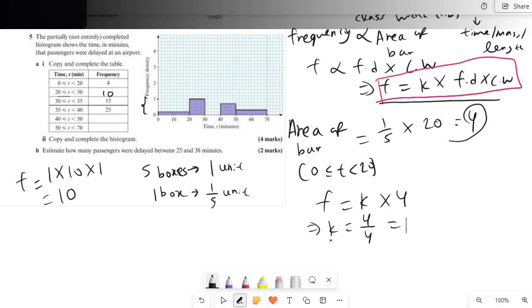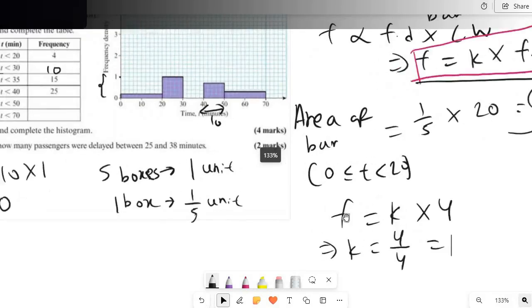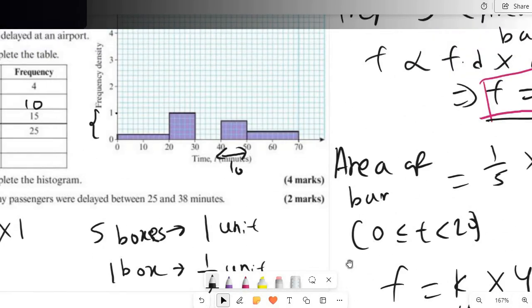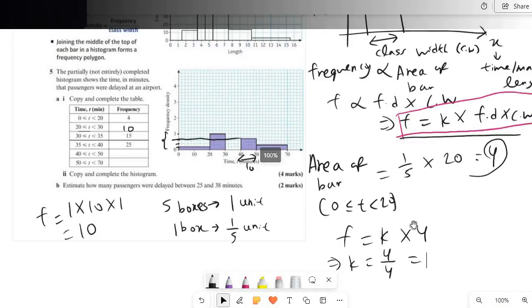Now for the rest, here we have 10 again, and here you can actually see that this is not at a solid point, meaning that it's actually at the half of this point. So here we have 1, 2, 3 divisions, and this is going to be 3.5, meaning that there are 3.5 divisions.